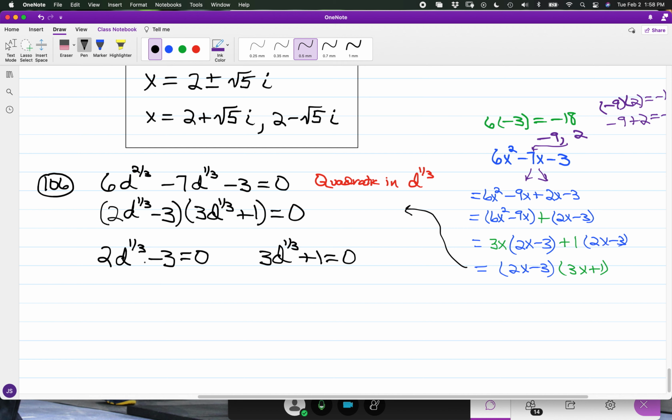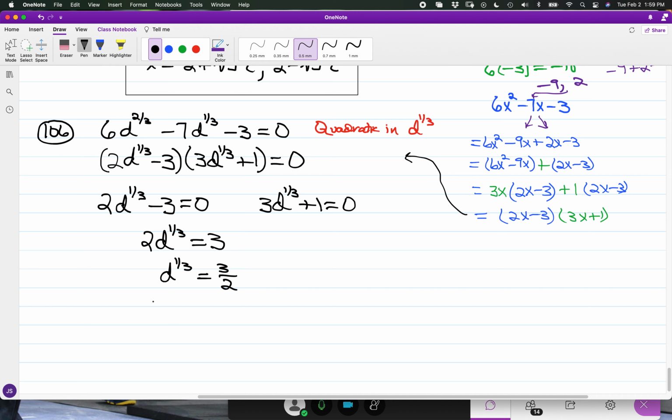First of all, if I add 3 to both sides, we have 2d to the 1/3 is equal to 3. And what I can do here is isolate d to the 1/3, so with division by 2, we have that d to the 1/3 is equal to 3/2.